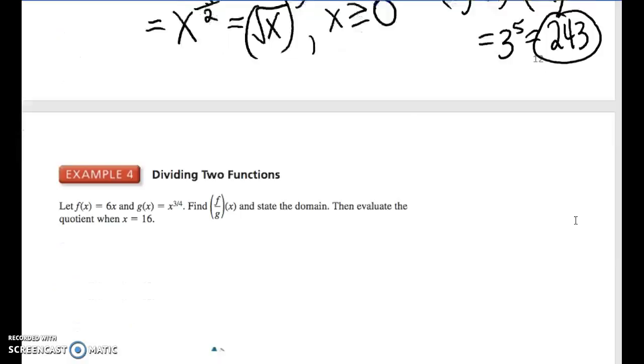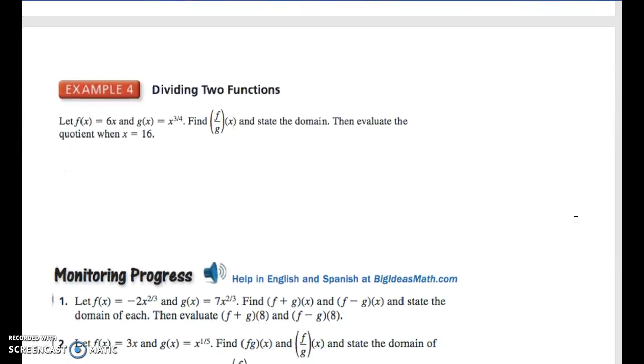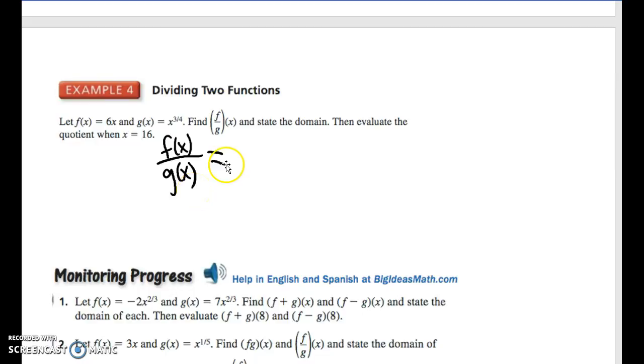So now let's go down to dividing functions. And we have f of x over g of x. For this problem, we're just going to put f of x in the top and g of x in the bottom.